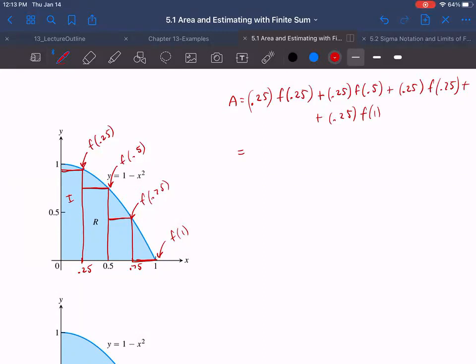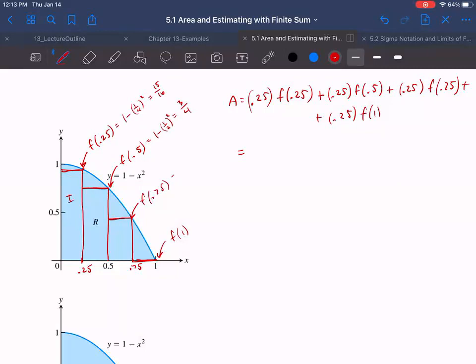So f of 0.25 is going to be 1 minus 0.25 squared. So this is 1 minus 1/4 squared. And 1/4 squared is 1/16. And so this is 15/16. And then f of 0.5 is 1 minus 1/2 squared, which is 1 minus 1/4, which is 3/4.